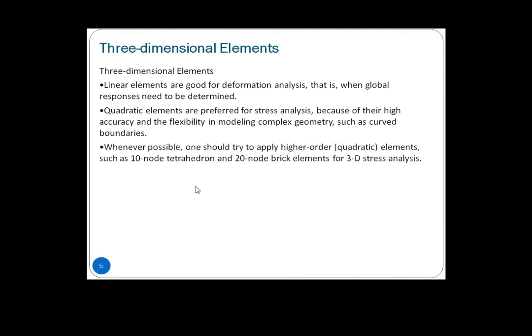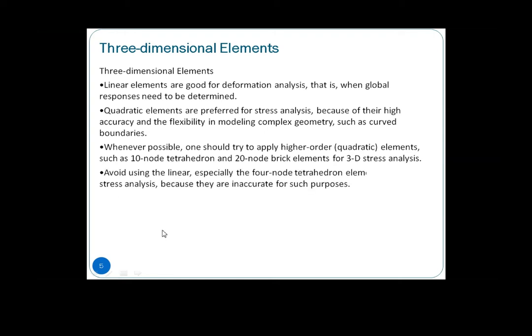Right. So if it's possible, you have to play around with the independency test. If it's possible, then you will choose higher order elements. So 10 nodes tetrahedral and 20 nodes brick elements for 3D stress analysis. Stress analysis, usually we go for quadratics.